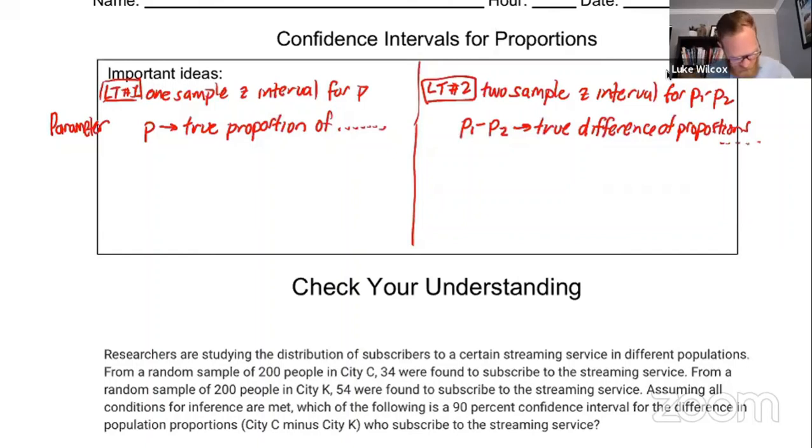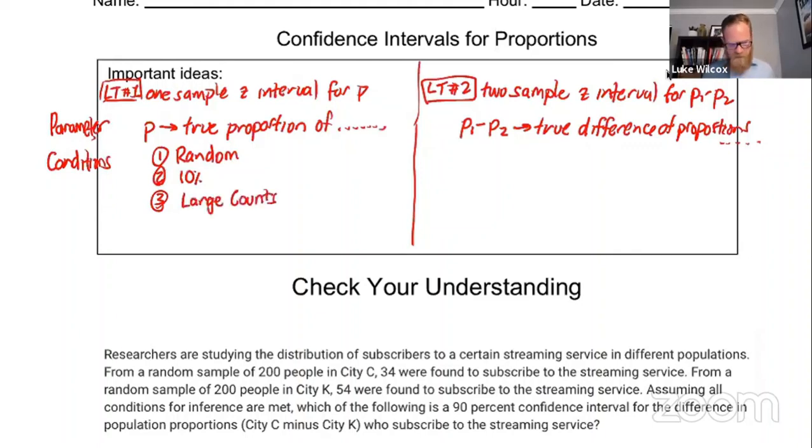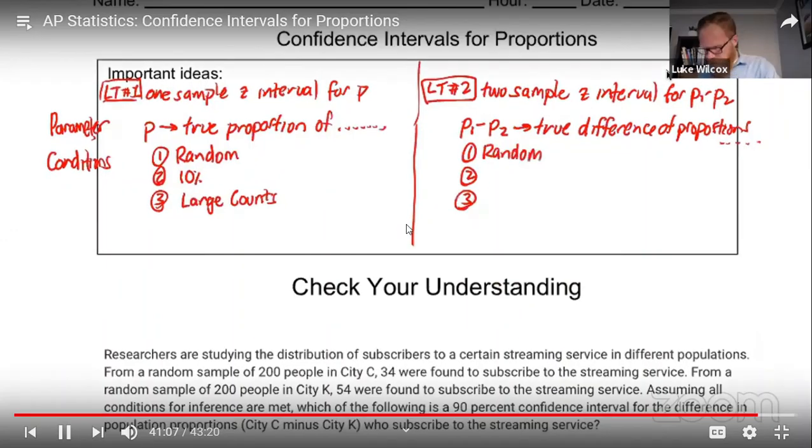Okay, next, let's make a quick list here of the conditions that must be checked for each one of these intervals. For a 1 sample, there are up to 3 conditions that would need to be checked. The random condition, the 10% condition if we're sampling without replacement, and the large counts condition. Now, when we move over to the 2 sample stuff, you're going to have the same 3 conditions, but we need to be a little bit careful.